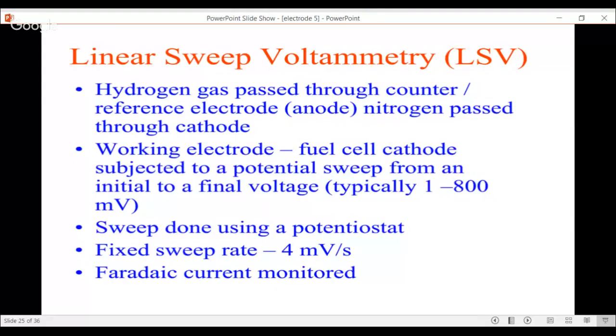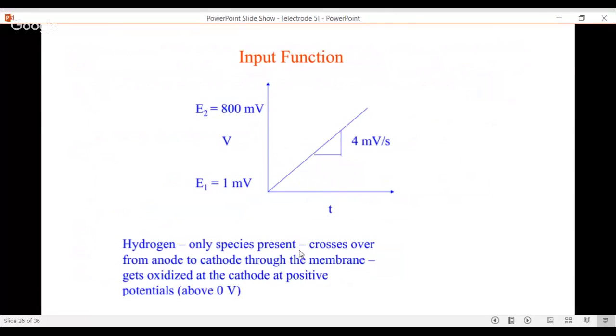And then what you are measuring in linear sweep voltammetry is the Faraday current. As we have said, voltage versus current is measured. So for example, 0 to 800, the current is measured as a function of time. The scanning of the voltage is 4 millivolts per second. This is a common thing, but it can be a variable value.